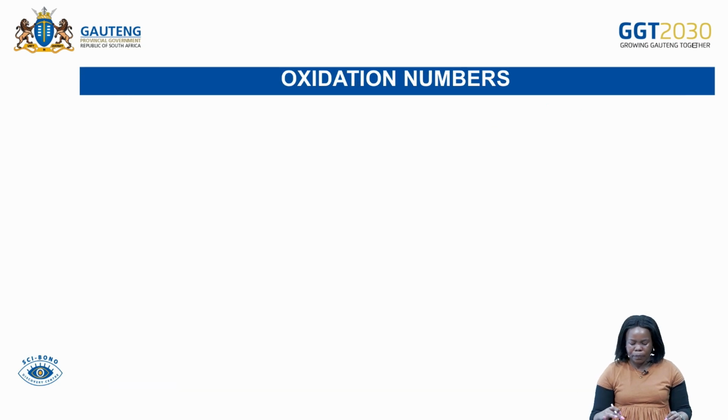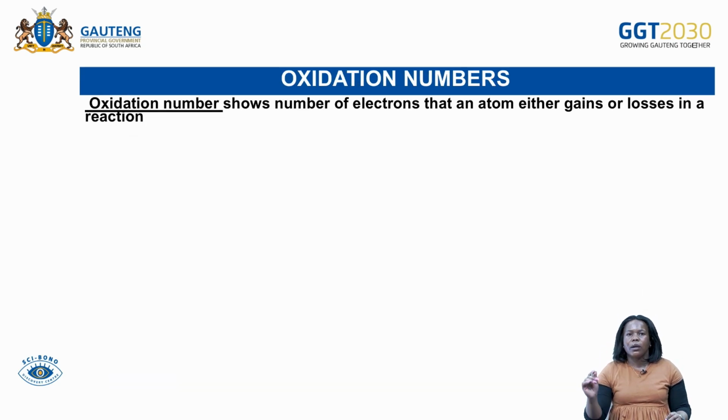Today, specifically, we want to be able to identify oxidation numbers as per our lesson objectives. We need to first define what an oxidation number is. What significance does it have? An oxidation number shows us the number of electrons that an atom either gains or loses in a reaction.